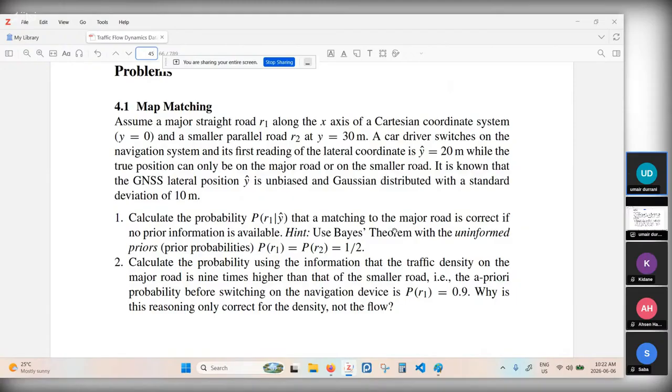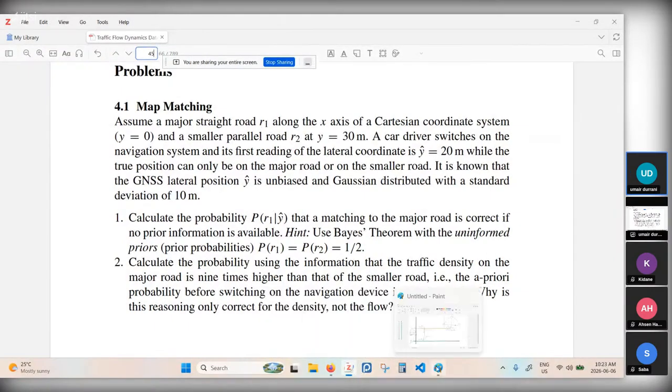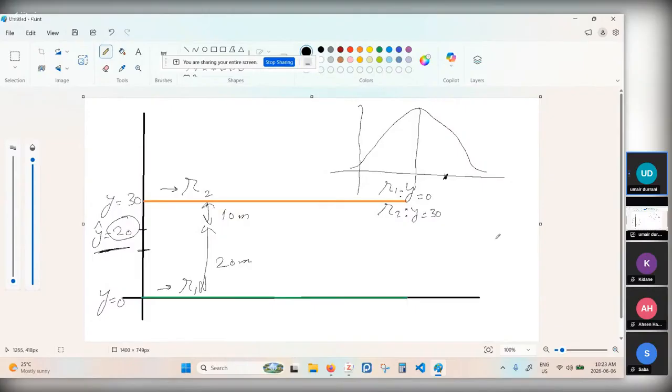Next, it says it is known that the GNSS lateral position y hat is unbiased and Gaussian distributed with a standard deviation of 10 meters. So the error that they are considering, the standard deviation, is 10 meters. Standard deviation, just to remind ourselves, is the average deviation from the mean value.